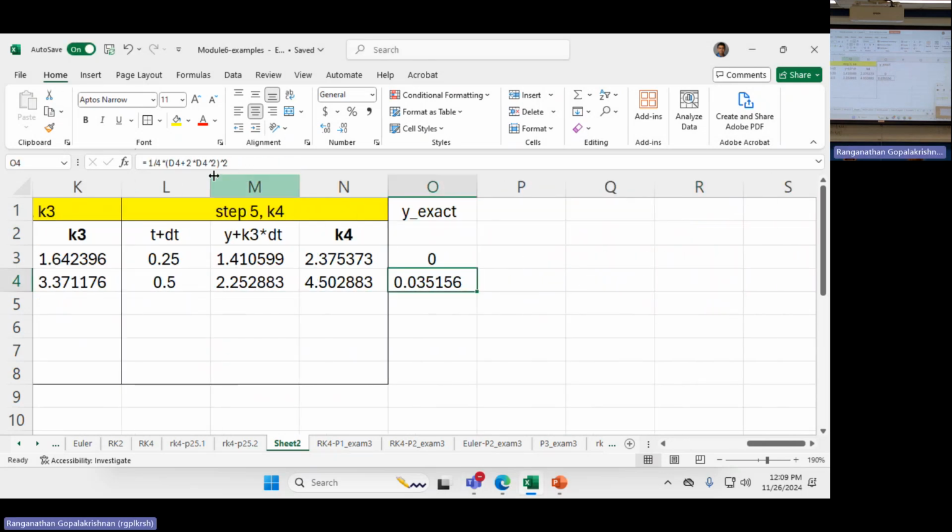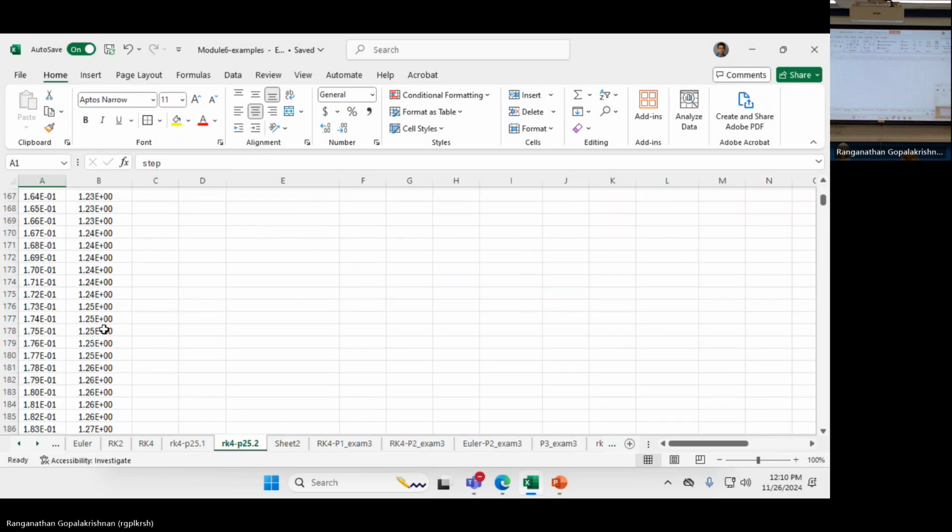Oh, I'm missing something. T plus 2t squared, the whole square. Oops. Oh, plus 2.